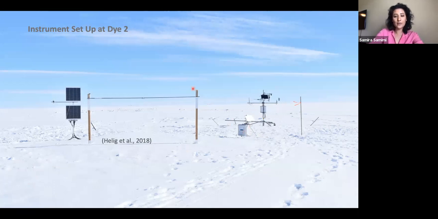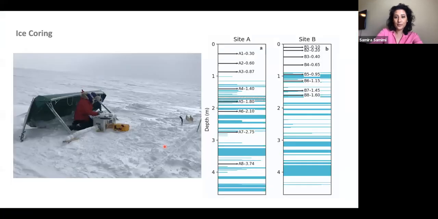And here is the upward looking radar that Dr. Hellick, my colleague, installed at the same time in the same field site. It's a very interesting and amazing paper that was published in 2018, which I recommend if you're interested in the same sort of measurements but with different sensors.